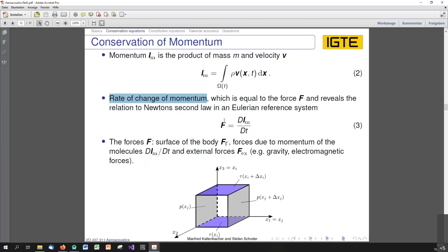More generally, the sum of the forces equals the derivative of the momentum. And this is Newton's second law. So in this reference frame, it's stated like this. And again, inserting the stuff here, you will then obtain a similar formula as for the conservation of mass.